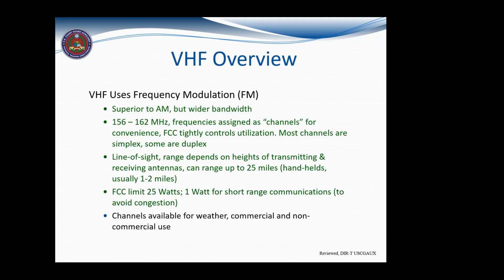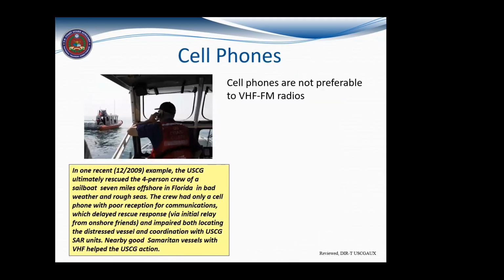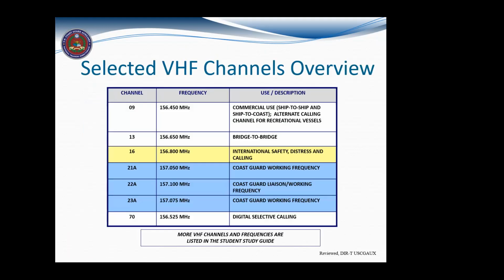Channels, again, are designated for various use, and I believe the book has the entire list. Most marine radios also come with a list. Some of the channels that you'll need to know. Well, let me back up here.